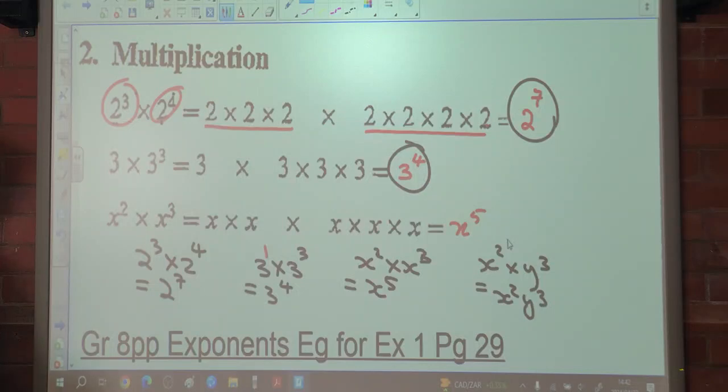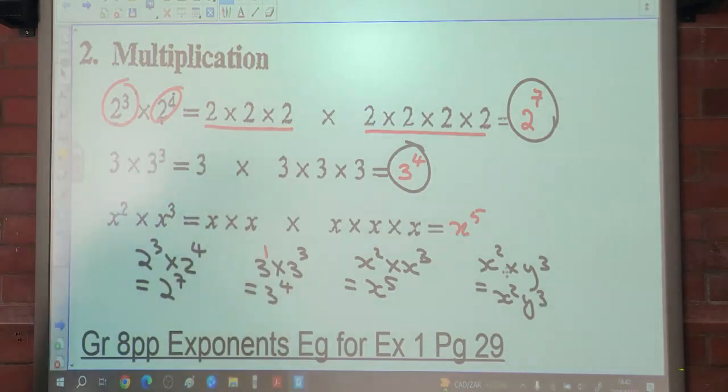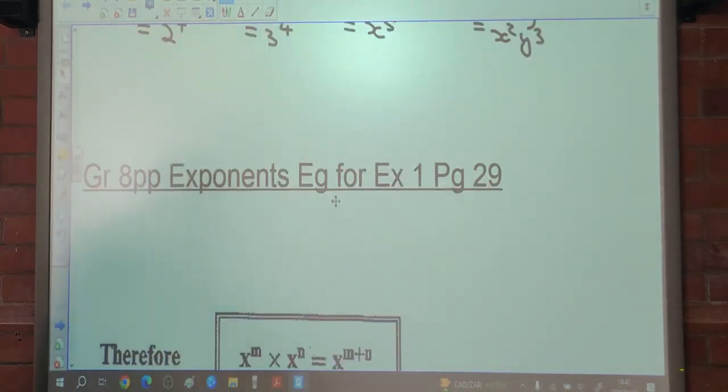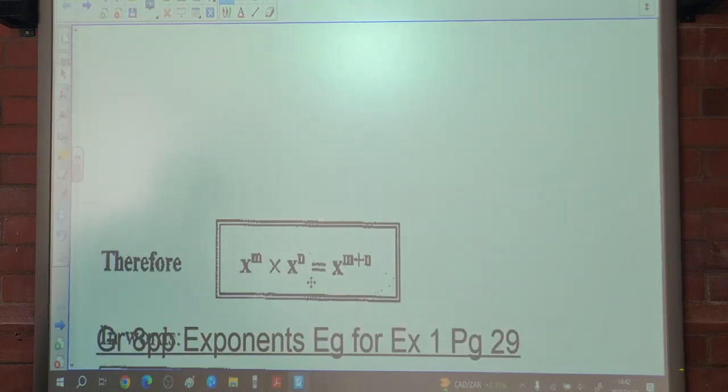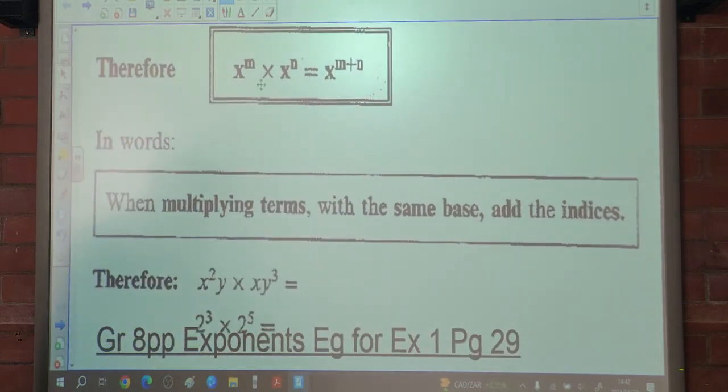Okay, so I would like you guys to make this note here. Therefore, x to the exponent m times x to the exponent n can be written as x to the exponent m plus n. In words, when multiplying terms with the same base, add the indices or add the exponents.